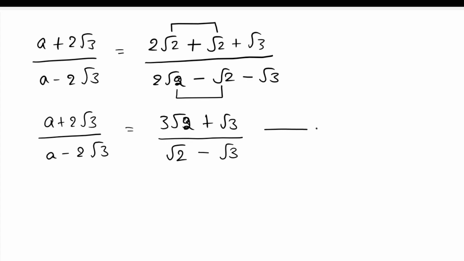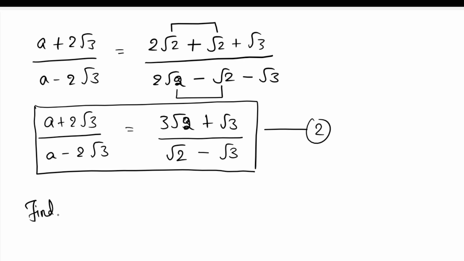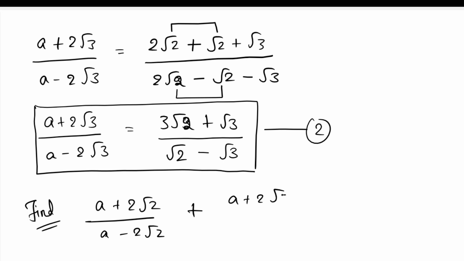So let's take this as equation 2. Now in the question, they are asking us to find what is A plus 2 root 2 divided by A minus 2 root 2 plus A plus 2 root 3 divided by A minus 2 root 3.